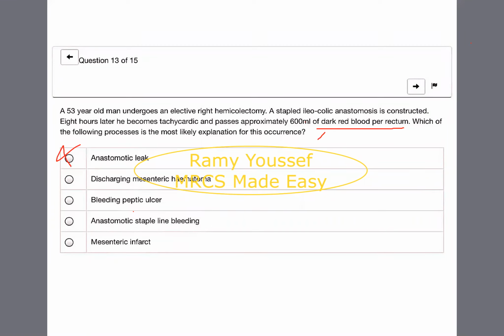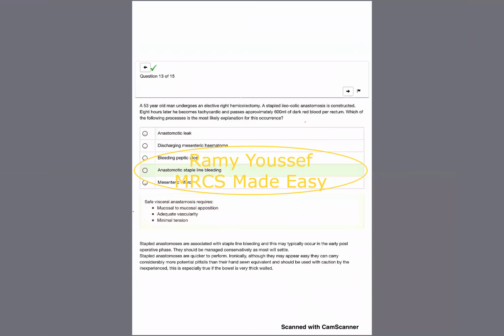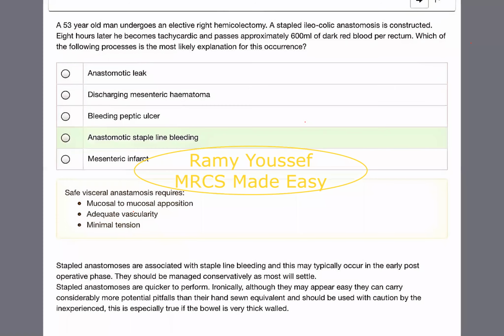Mesenteric hematoma, no. Bleeding peptic ulcer, no, we are away from peptic ulcer. Mesenteric infarction will be fresh blood, by the way. If you have infarction, the patient will pass diarrhea with fresh blood. So it will be anastomotic staple line bleeding that happens post-operative.